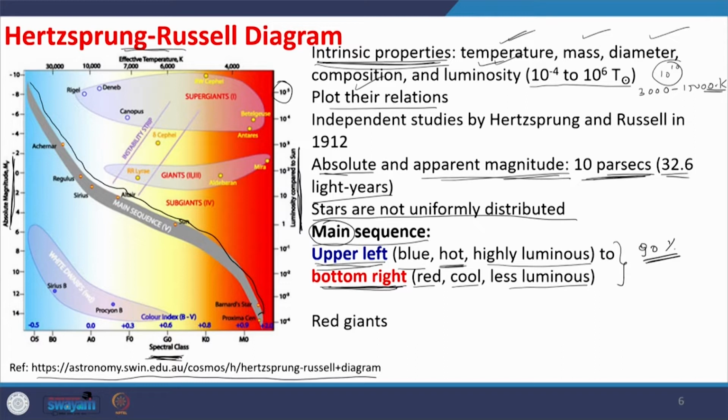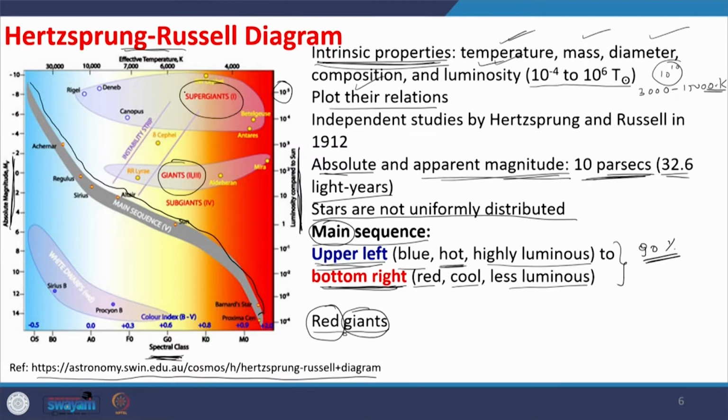Not only that, there are stars not only on the main sequence. The remaining around 10% of the stars are clustered into several groups, like one group is red giants. As the word says, it is in the red region, but size-wise it is very large, high volume. You can see in this diagram the giants, and if you go above this, the super giants.